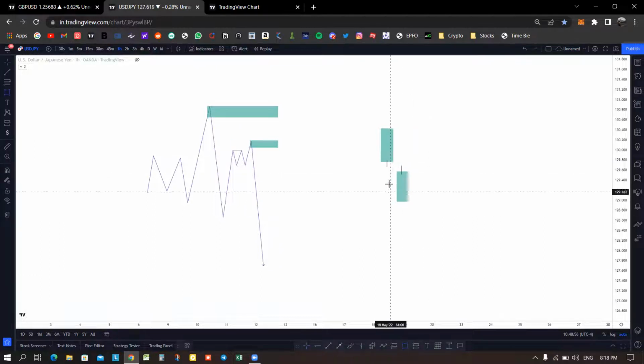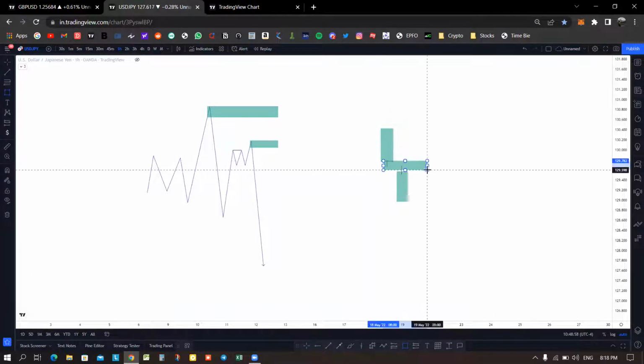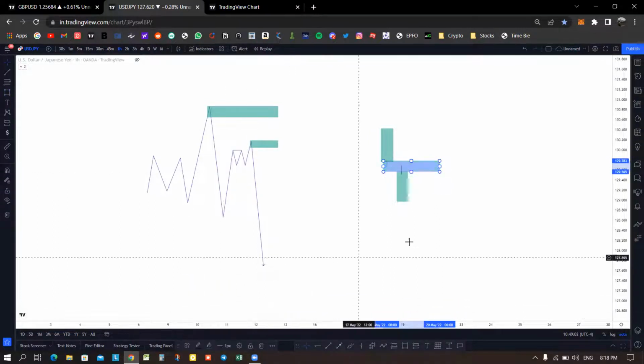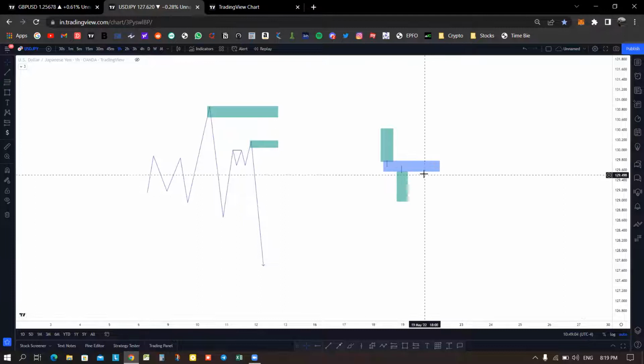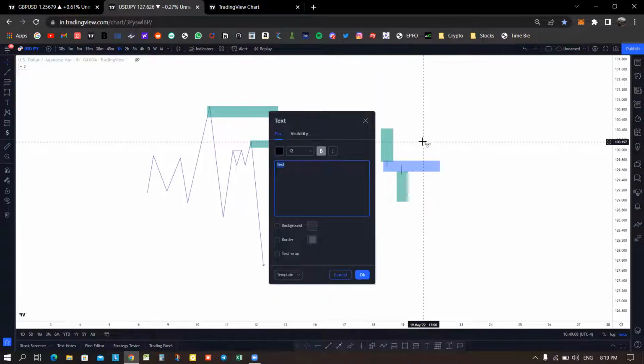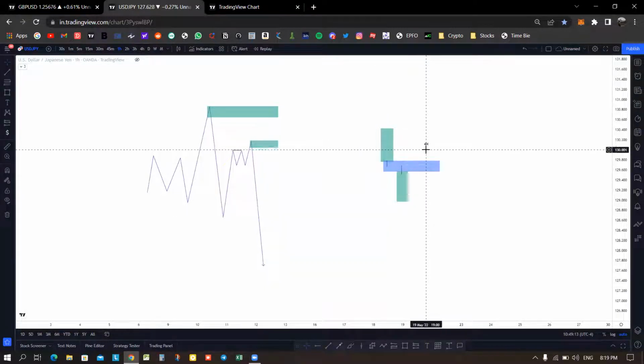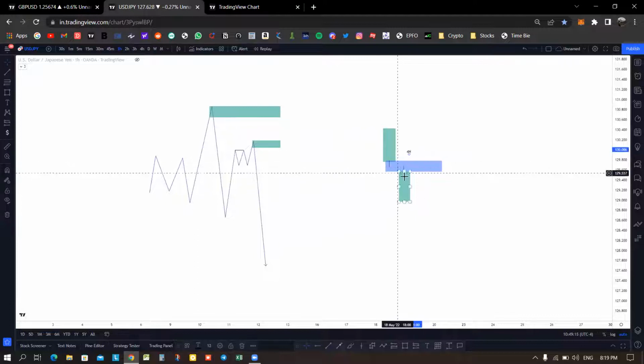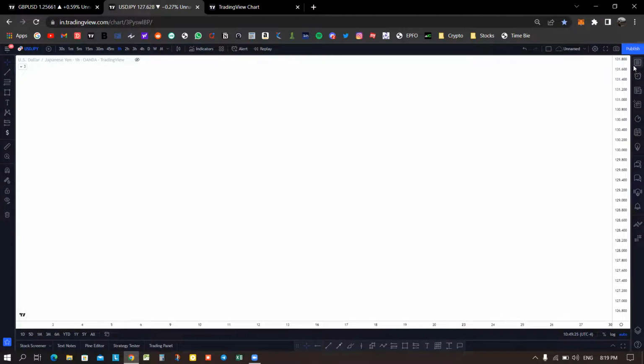I might mark my point of interest like this, the kissing candle. So this can be your good point of interest. This might be on the 4-hour time frame, and you can refine this kissing candle zone on the 1-hour time frame to find some sort of candles around these zones. So let me show you some examples here.